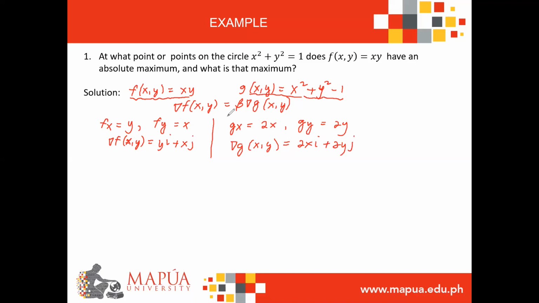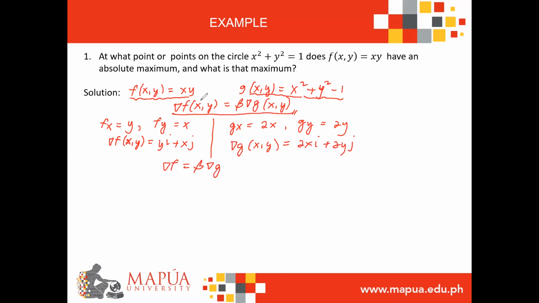Then let us now use this equation and define the values of x and y from here. We now have gradient f equals beta gradient g.